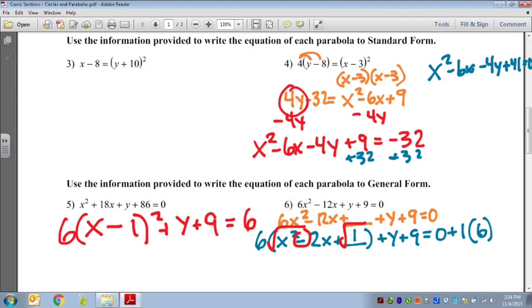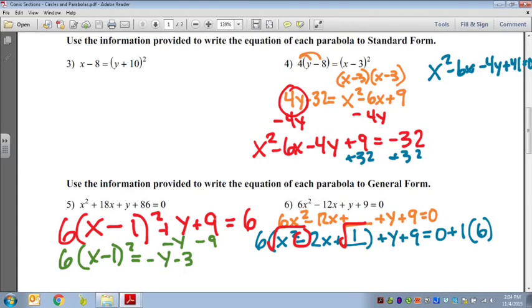All right, and so x is on one side, and so we need to move y to the other side along with the 9. So we're going to subtract y and subtract 9, which will give us 6 times x minus 1 squared equals negative y minus 3.